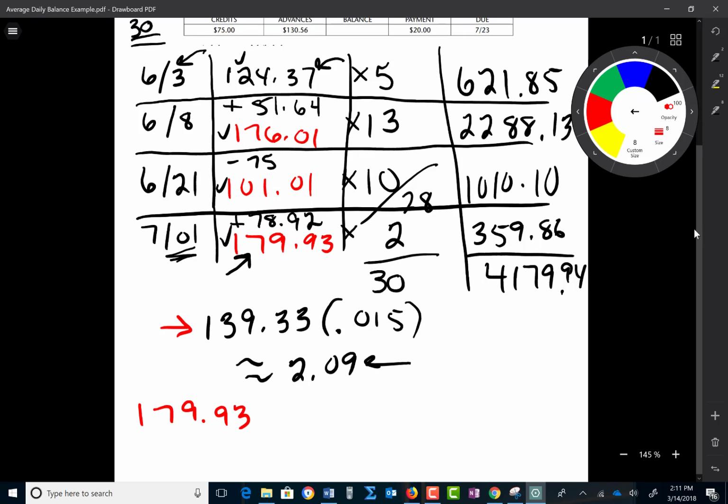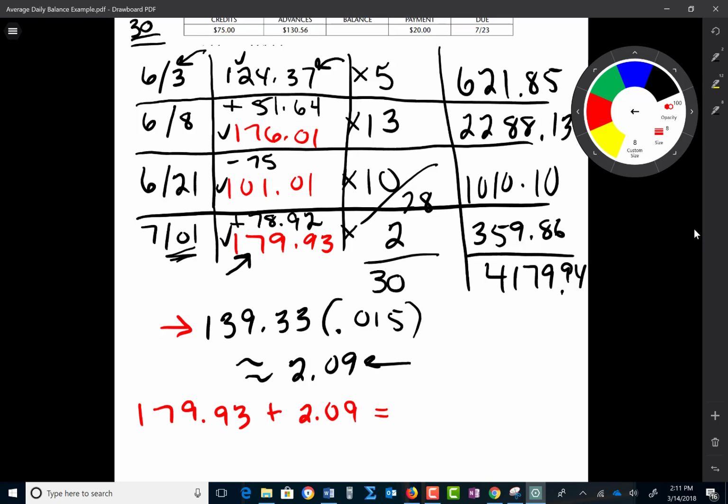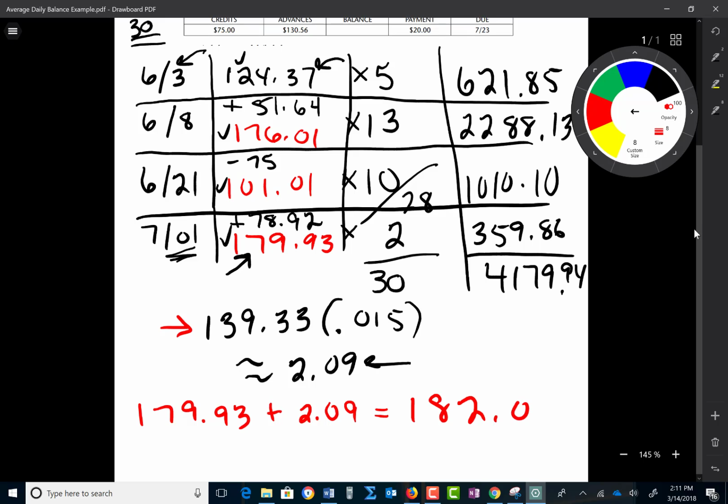The average is just an arbitrary number where we've added them all up and divided by the 30, plus $2.09 in interest. So 179.93 plus $2.09 means that my new credit card bill for the month of July will be $182.02.